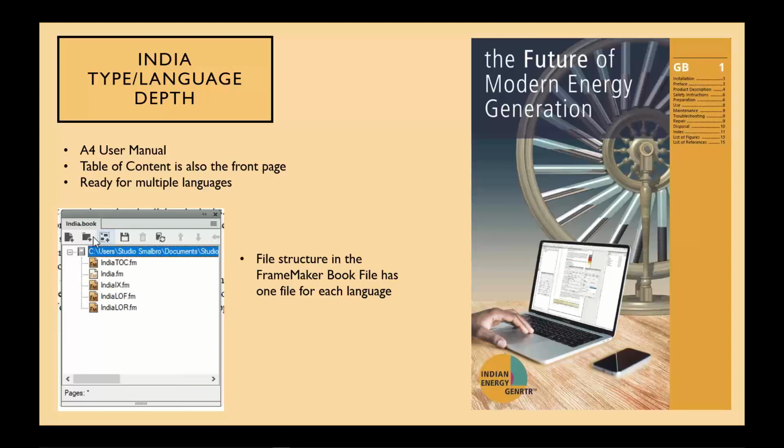It's an A4 user manual, and the structure of this user manual, this template, is a little bit different than the Scandinavian, because I've put the table of content on the front page along with the other front page stuff, and that's a common thing in a lot of small user manuals or instruction manuals.